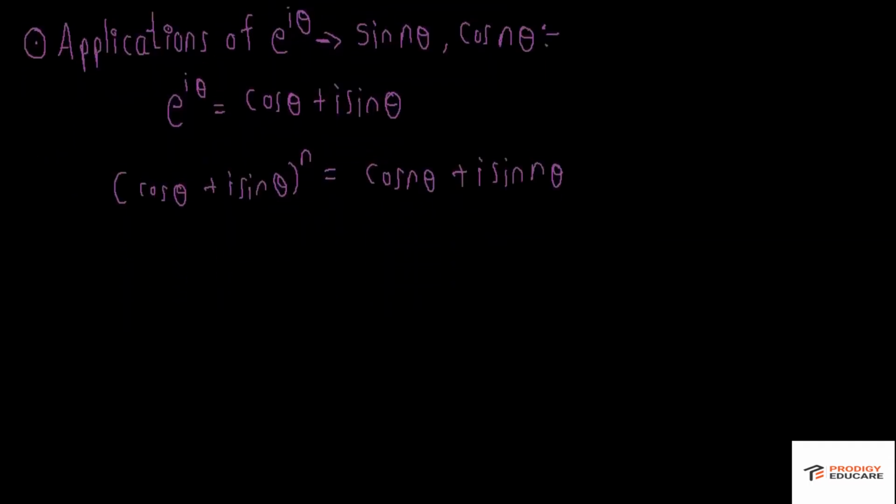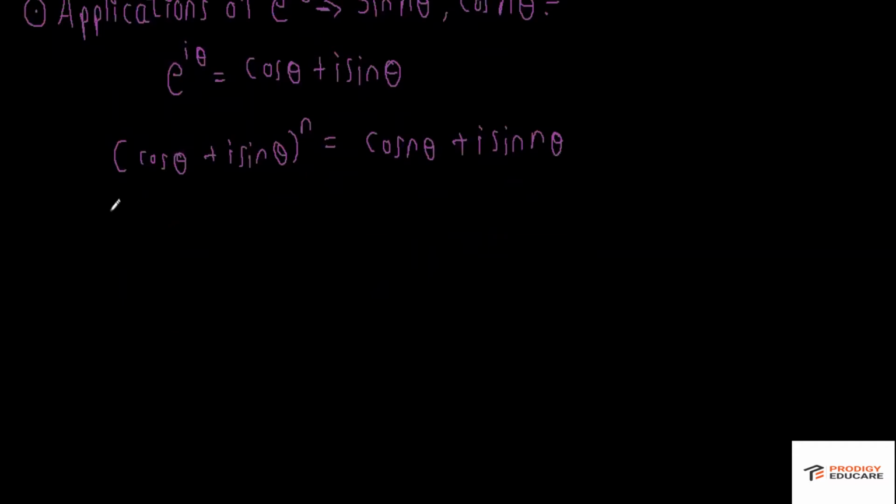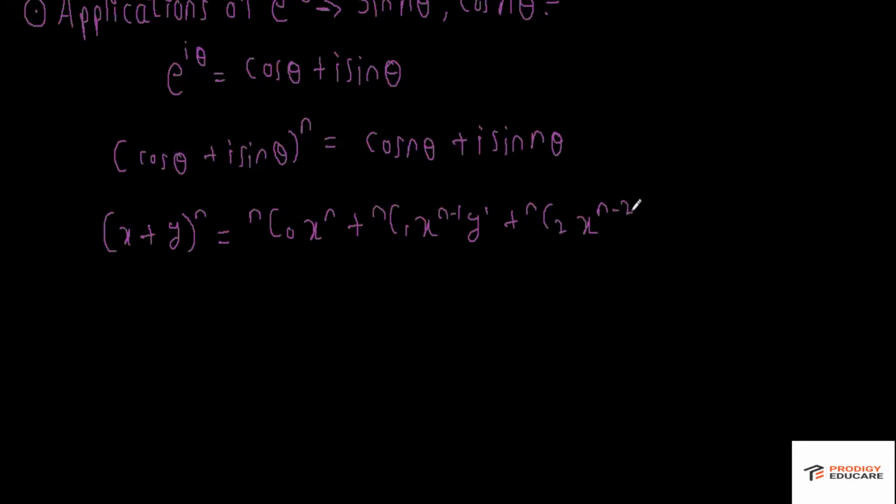Now, what we'll do is apply the binomial theorem here, and then we'll compare these two sides of our equation. So first of all, let me write the binomial theorem for two variables. It is given by (x plus y) raised to n equals nC0 x raised to n plus nC1 x raised to n minus 1 y raised to 1 plus nC2 x raised to n minus 2 y raised to 2, and so on.